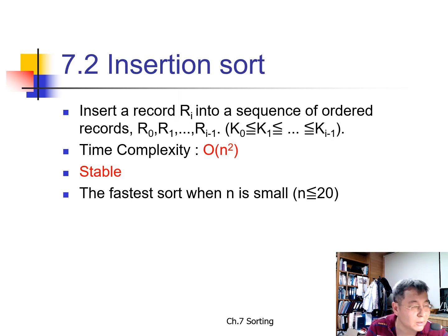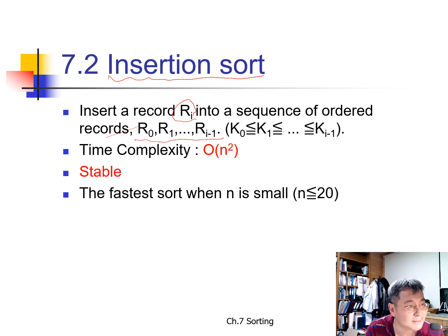Now we can go on to the insertion sort method, the first sorting method. Insert a record Ri into a sequence of already ordered records. These are already ordered records, and I want to insert a new record Ri into this ordered sequence.